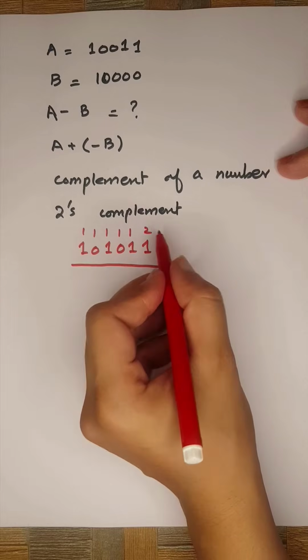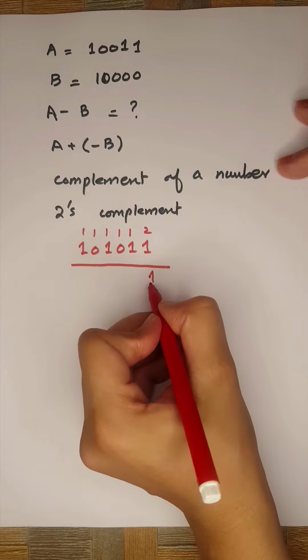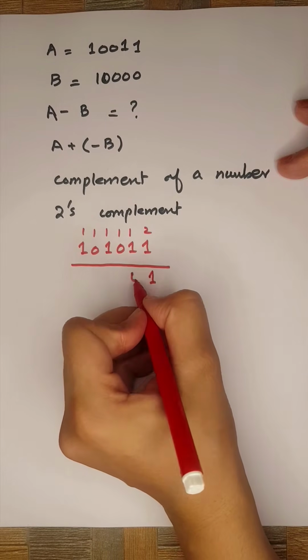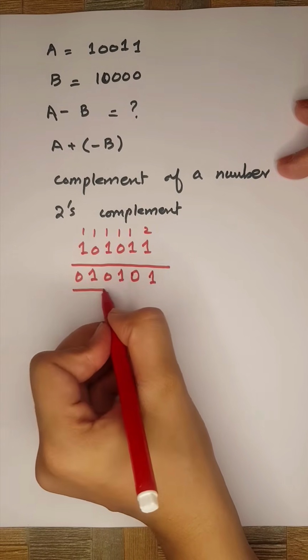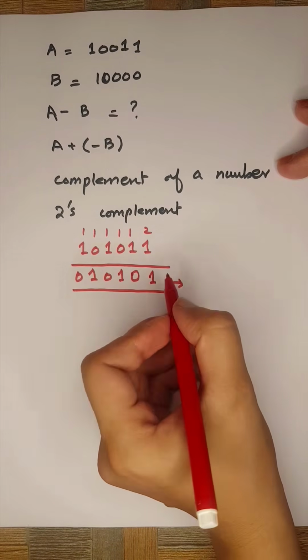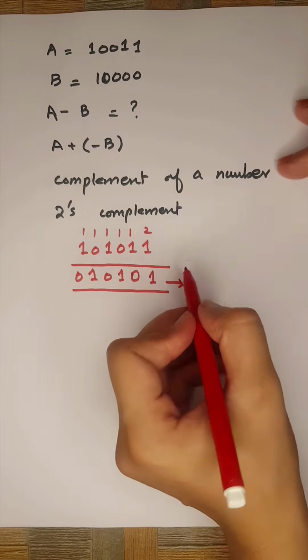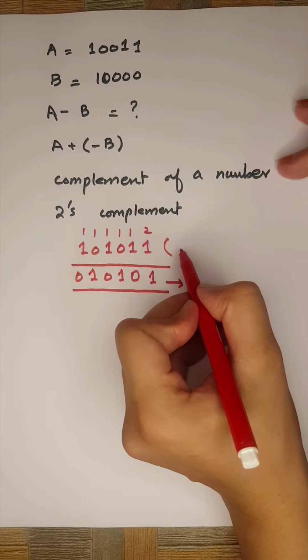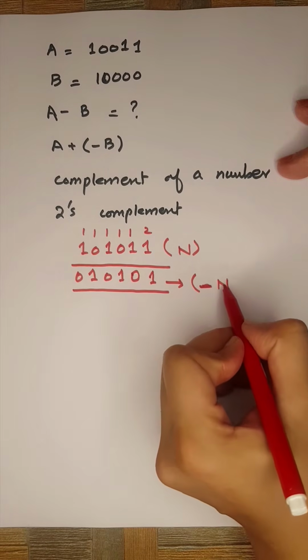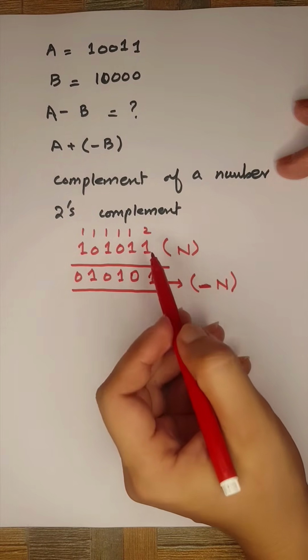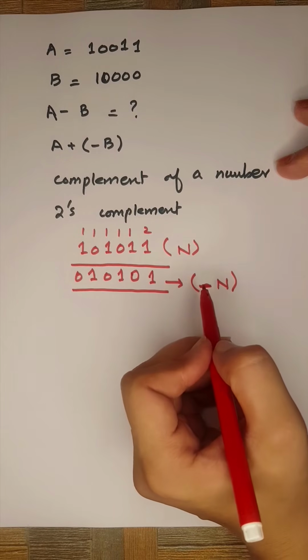So 2 minus 1 is equal to 1, 1 minus 1 is 0, then 1, then 0, then 1 and finally 0. So this is actually the negative of this number. Whatever this number was, n, this is the negative of n. So 2's complement helps us to find the negative of a number.